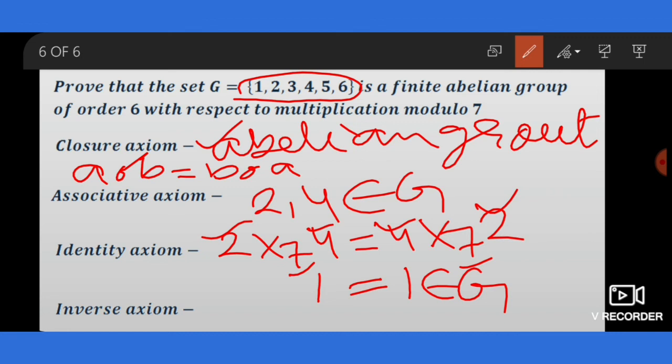Then we can say this set is a finite abelian group of order 6 with respect to multiplication modulo 7.